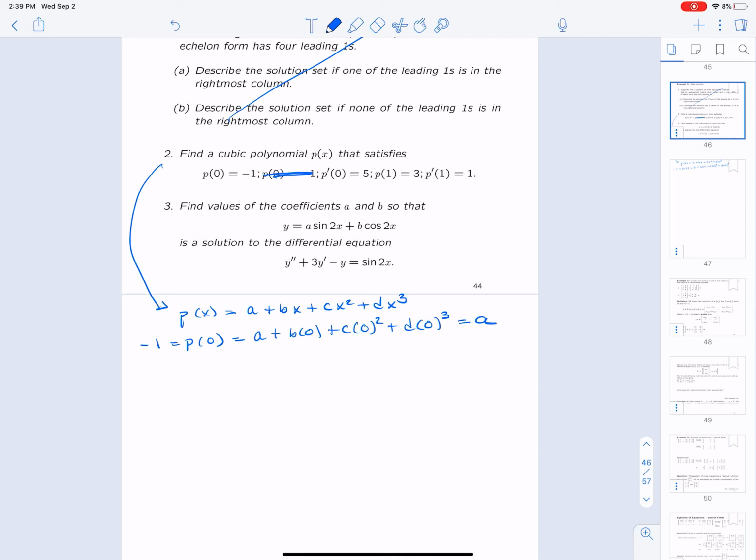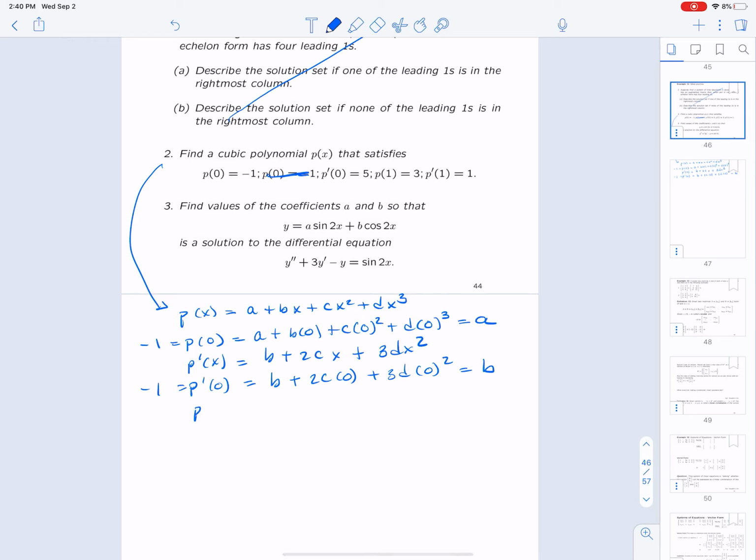I know that p prime of x, so that's the derivative, is b plus 2cx plus 3dx squared. And I know that p prime of 0 is equal to -1. So that's going to be b plus 2c of 0 times 0 plus 3d times 0 squared. So that's just b.